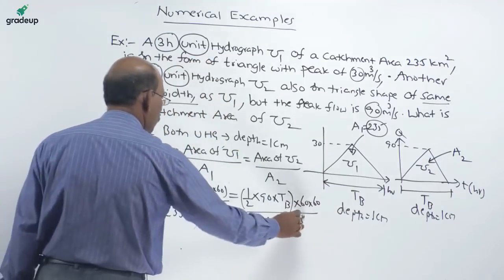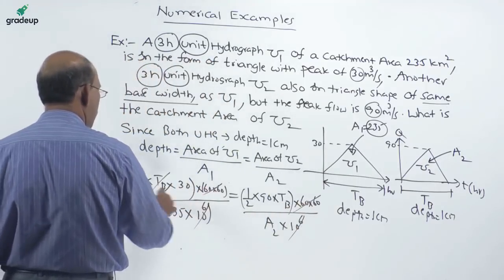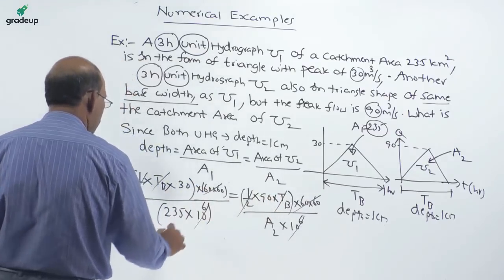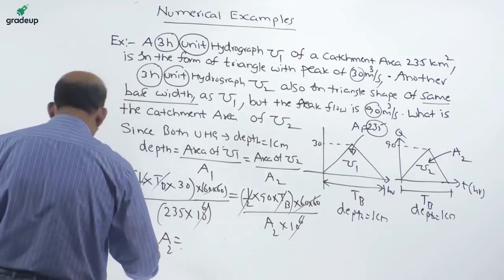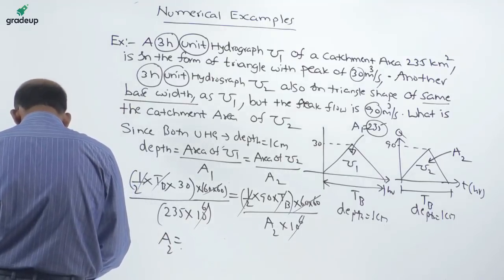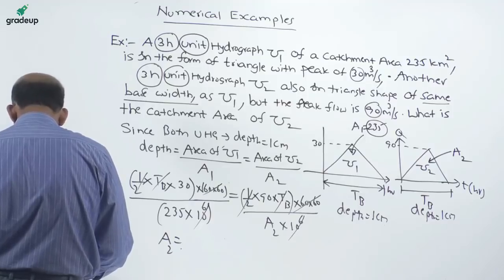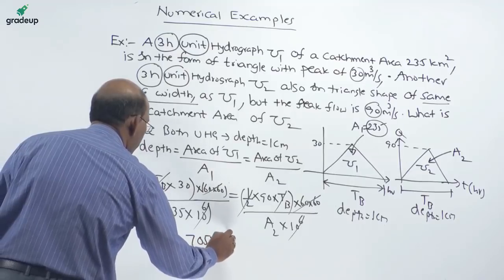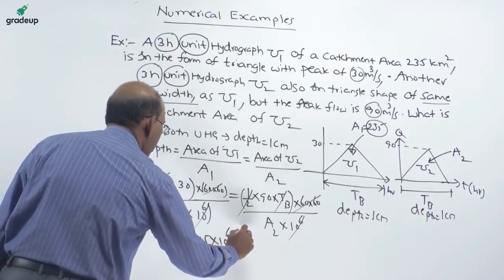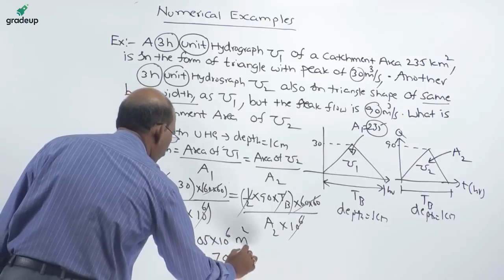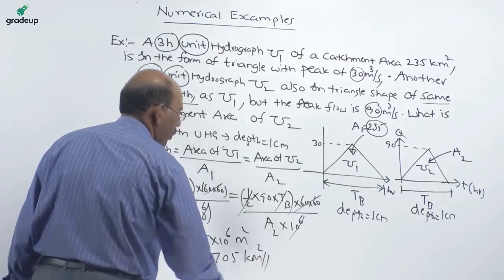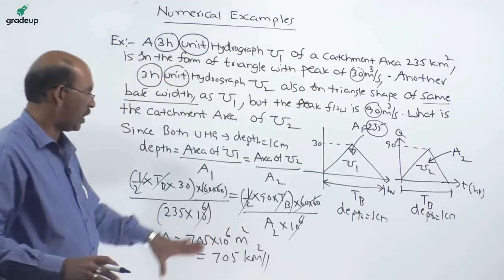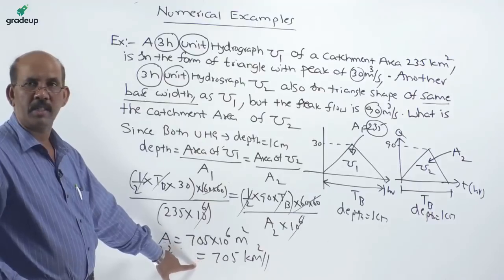TB, TB, half, half cancel. Calculating this value, the catchment area of the second one is equal to 705 into 10 power 6 meter square, or 705 square kilometers.